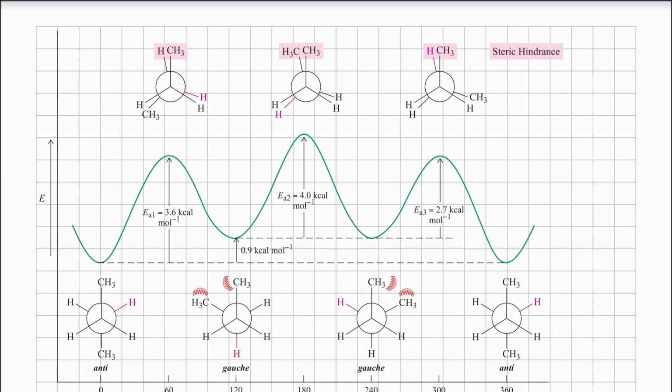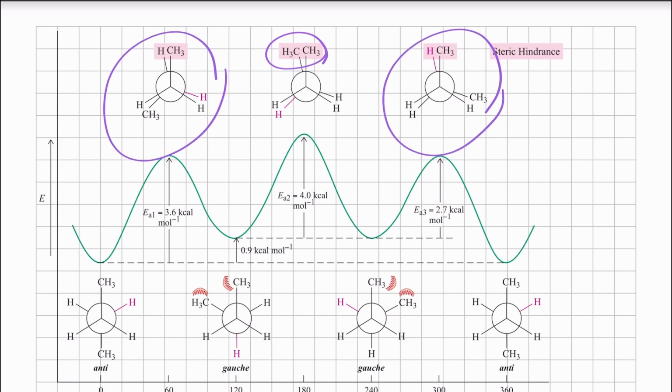But let's be more accurate. When we look at this area, we can understand that this one has the most potential energy and is the least stable. You may ask why. Methyl group is a larger group compared to hydrogen, and because two larger groups are face to face, they can cause more steric hindrance compared to this or this conformation.